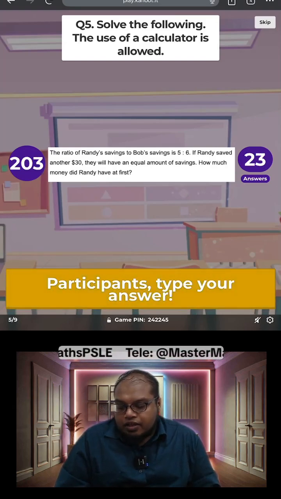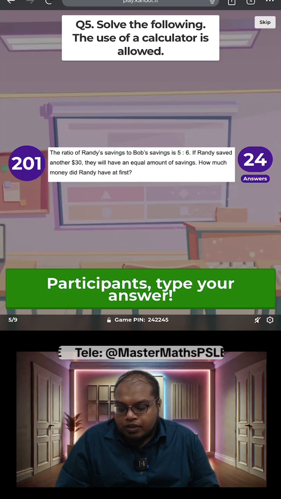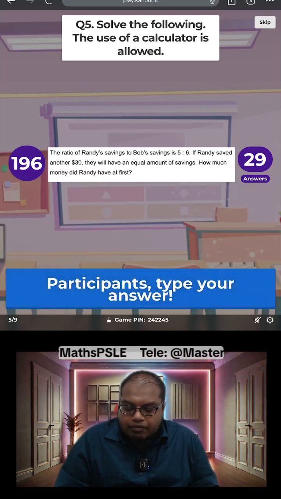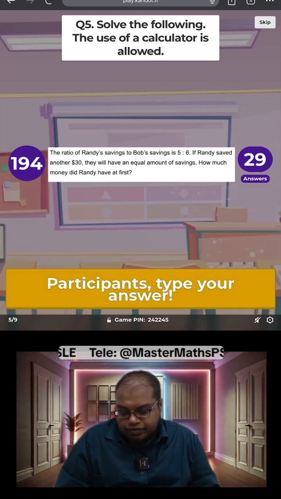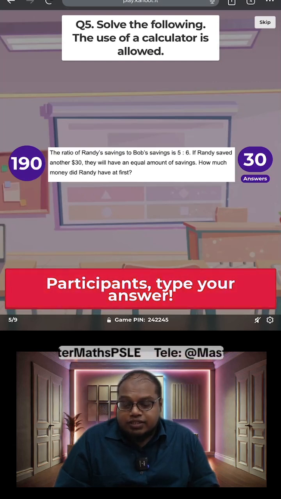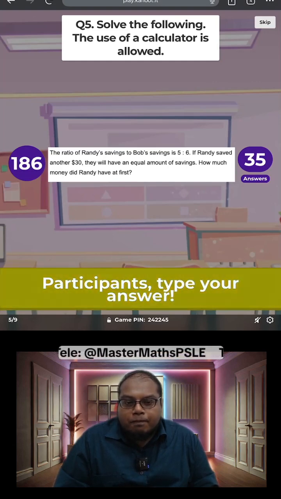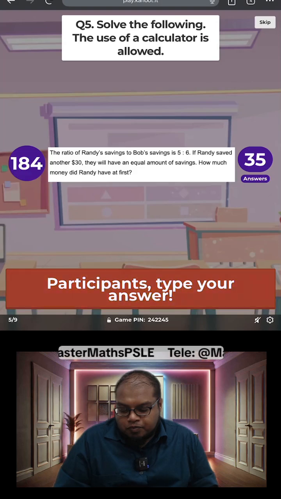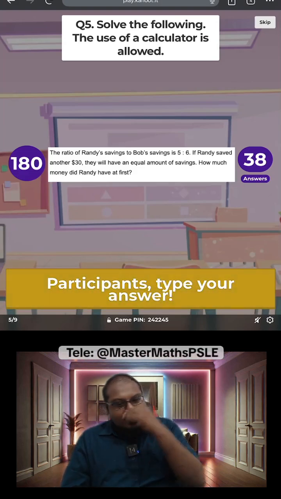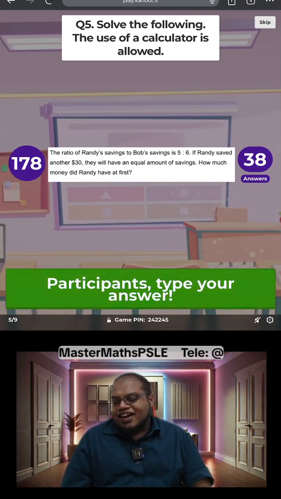If Randy saved another $30, they will have an equal amount of savings. How do I do this? Those who already worked on the worksheet before this, don't give out answers on the chat. Let them try.